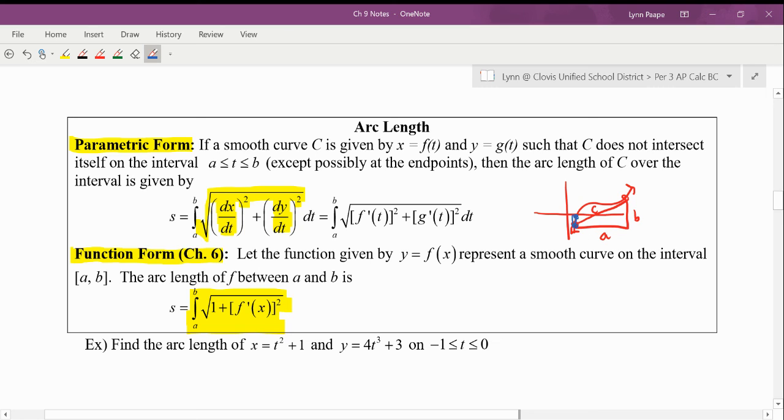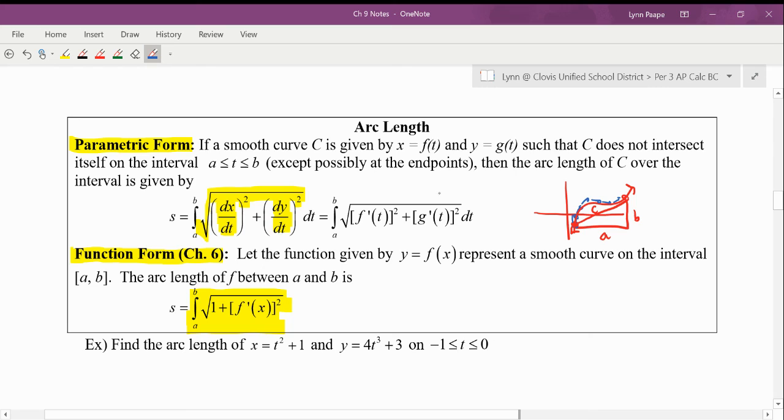And I could do the Pythagorean theorem and figure that out. Then I could take that little section, and that little section. So I could take all these little itty bitty pieces, which look fairly straight if I zoom in tight enough, and do the Pythagorean theorem on it, find the length of each of those pieces, and then add them up, and I would have a really good approximation of that arc length.